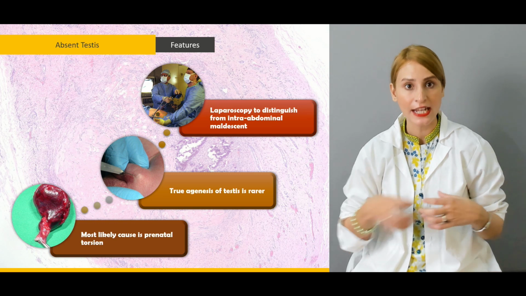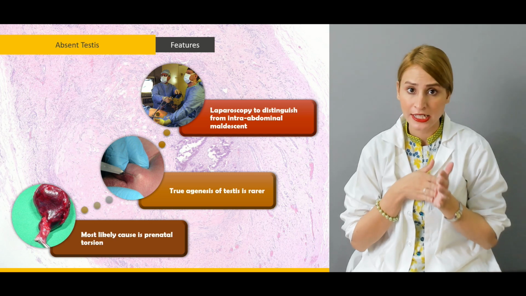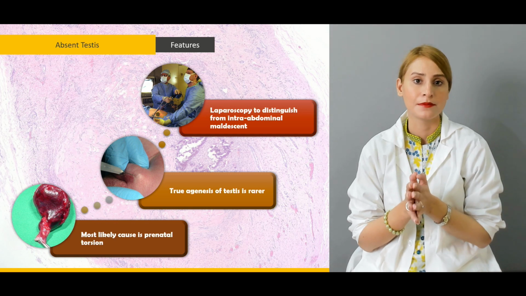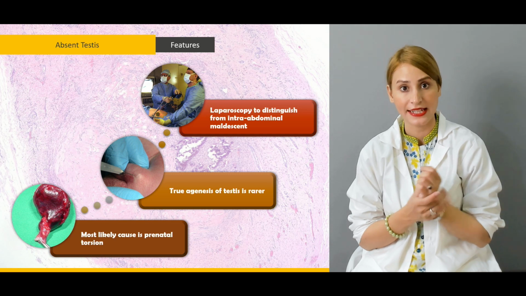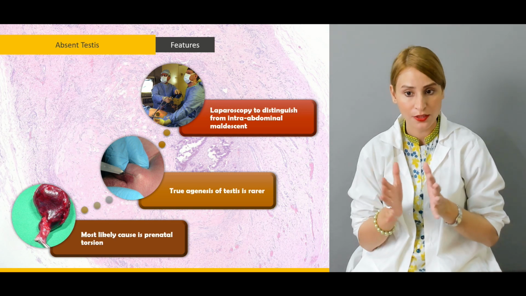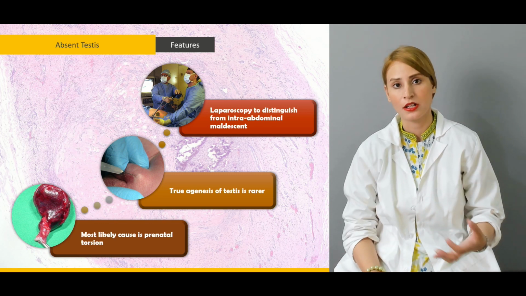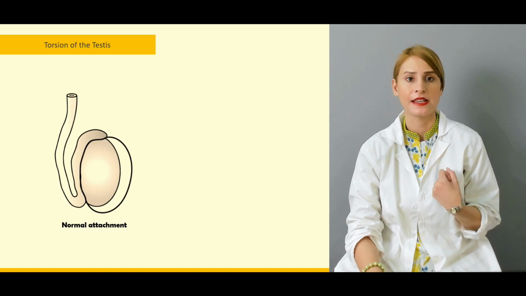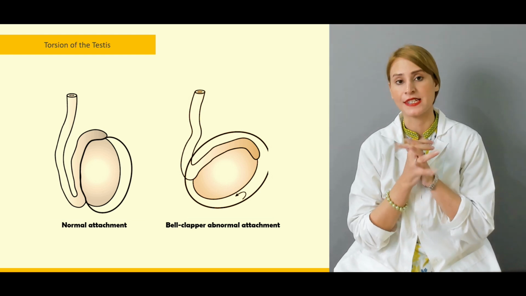If you try to slide and push the spermatic cord and bring the testes from the deep inguinal ring or the inguinal canal into the scrotum, sometimes you cannot find the testes in the inguinal canal. So you should always adopt the laparoscopic approach to distinguish intra-abdominal maldescended testes from the absent or agenetic testes, right?